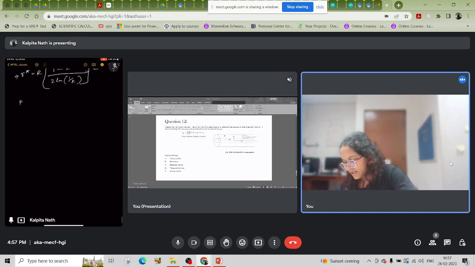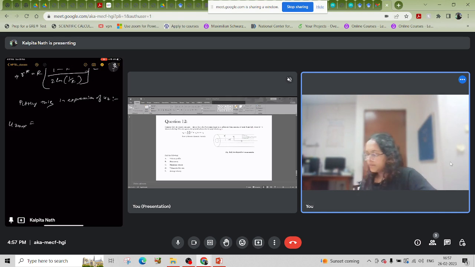Putting this in the expression of uz, we get uz maximum. This is r at which the maximum velocity is there.